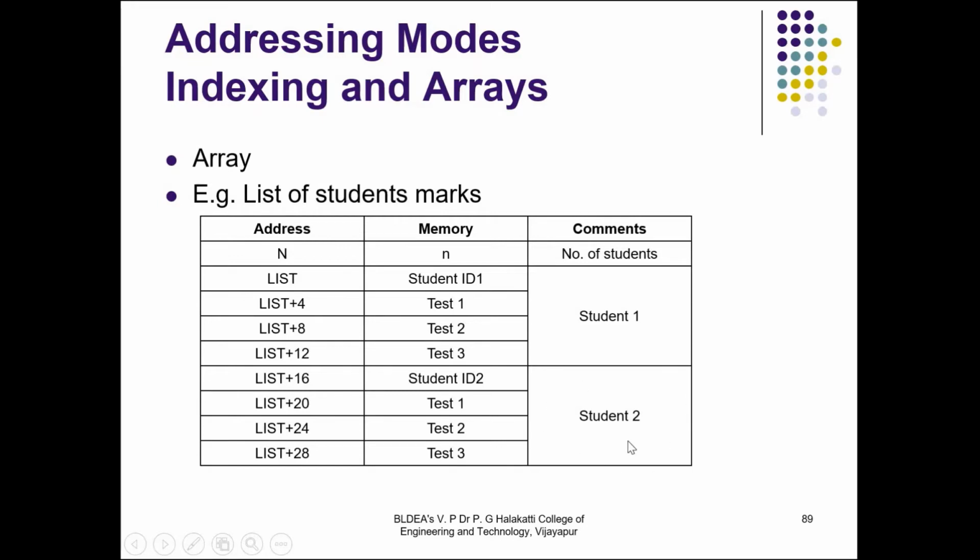The second student also has a 4-word memory block. Now if there are n students, there will be n such blocks. Here n is nothing but the count, and count is nothing but the number of students. So this is the way data is going to be stored.